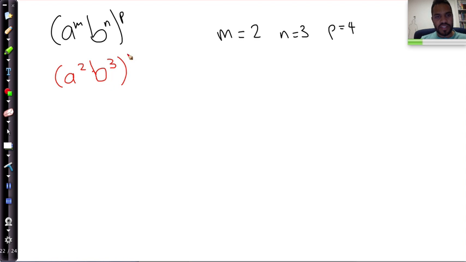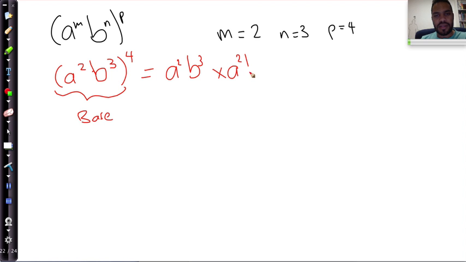Remember what p is. p is going to be 4, right? So I want to take that entire bracket and multiply it. This is again the base, and I want to take the base and multiply it 4 times. So I'm going to say it's a squared times b cubed multiplied by a squared times b cubed multiplied by a squared b cubed multiplied by a squared b cubed.